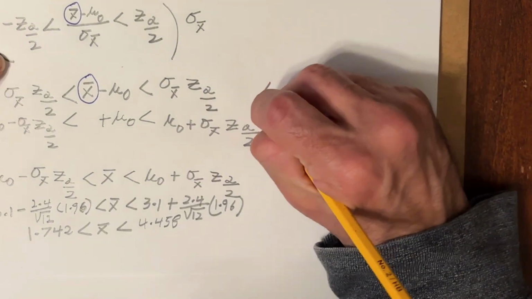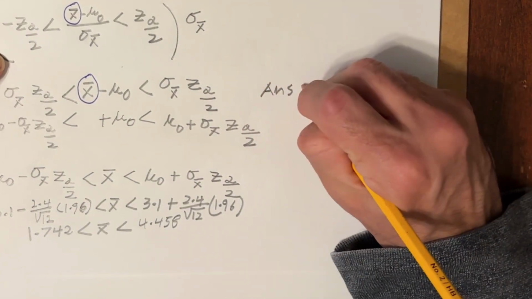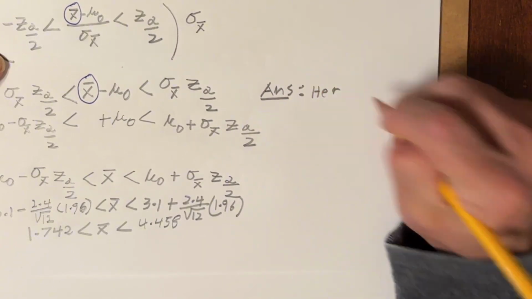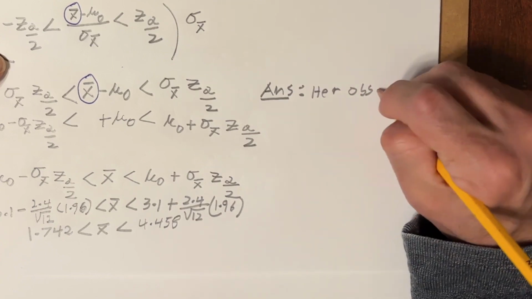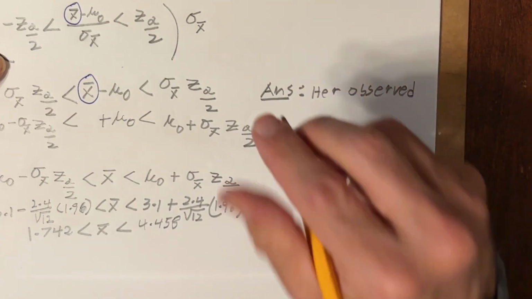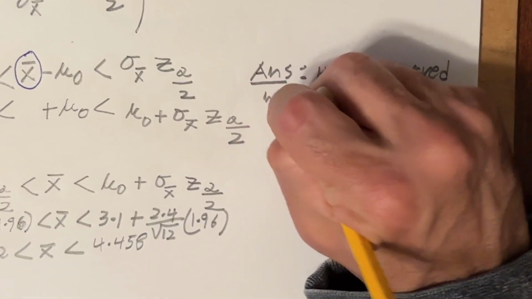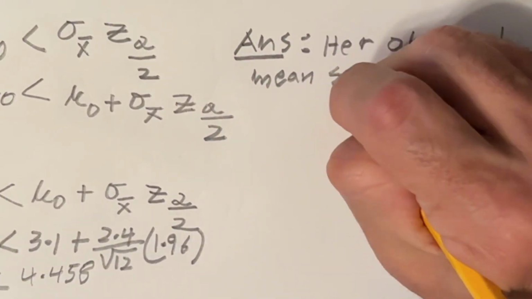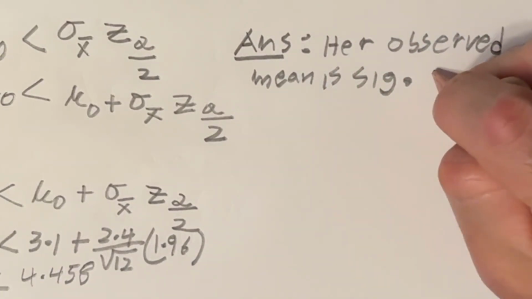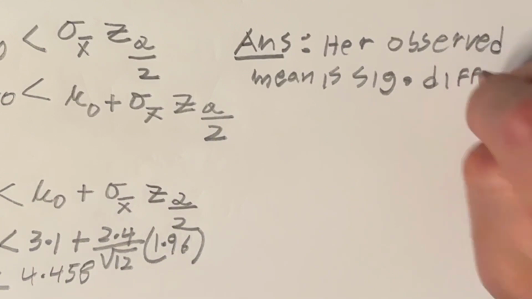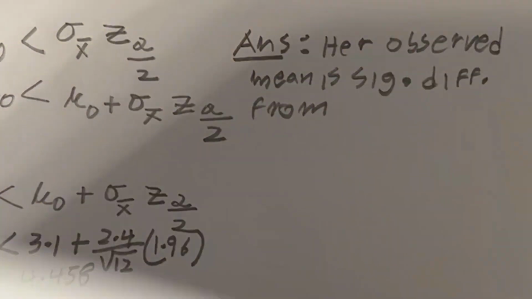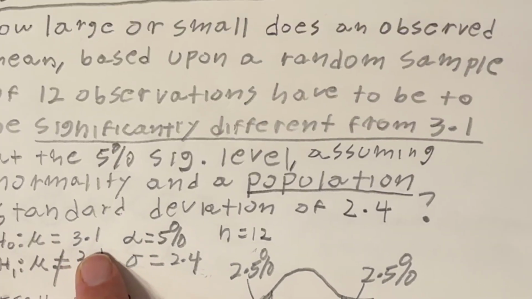The answer is: her observed mean is significantly different, I'm just going to write SIG period for significantly and DIFF for different, from, now what was the hypothesized mean? 3.1.